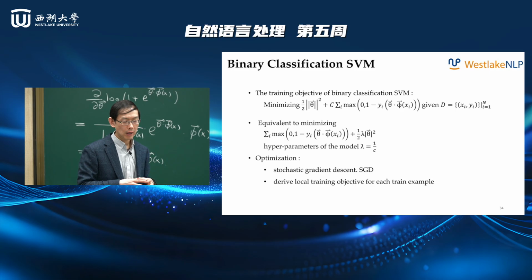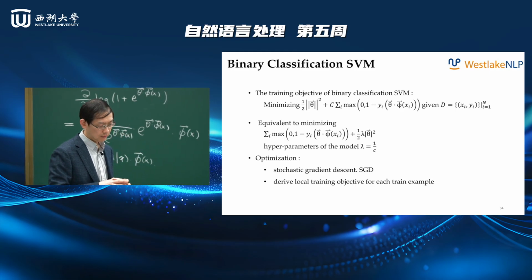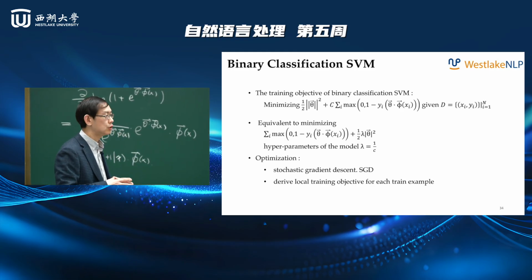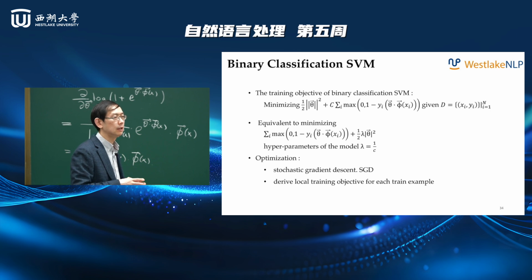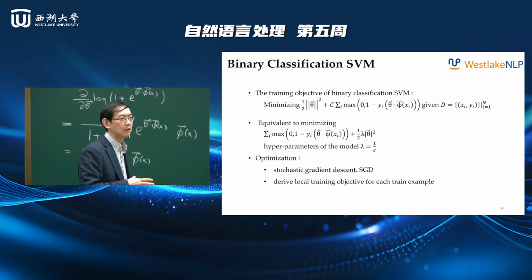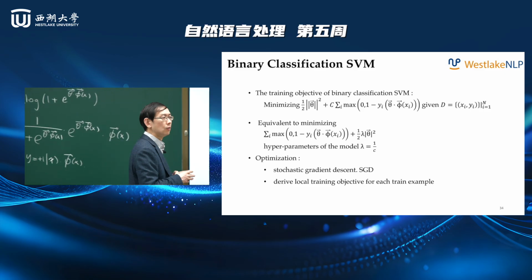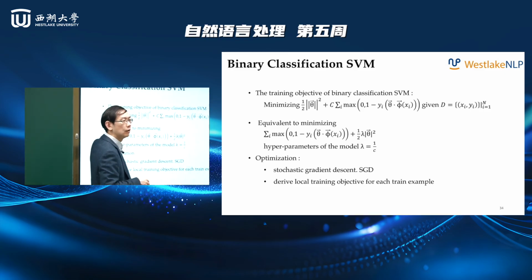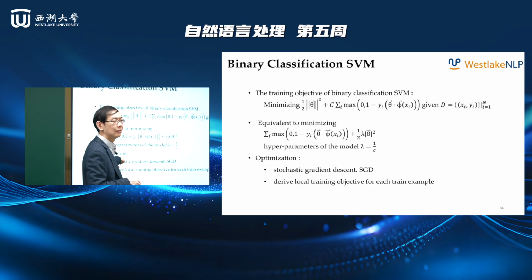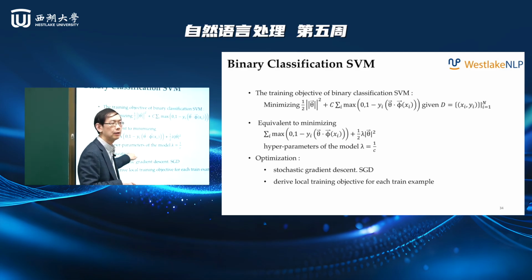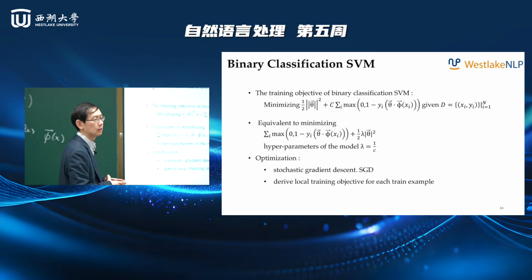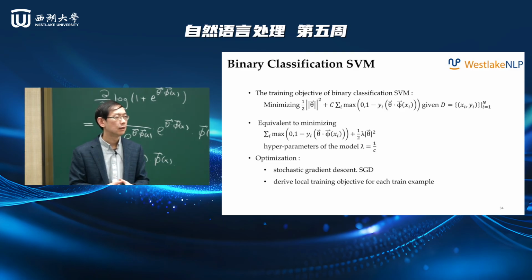Okay, so why don't we put this training objective into stochastic gradient descent? Then what do we need? We need the gradient of this thing over theta, right? As long as we have the gradient of the training objective over my model parameters, I can plug this into the SGD framework. I got a training algorithm, right?